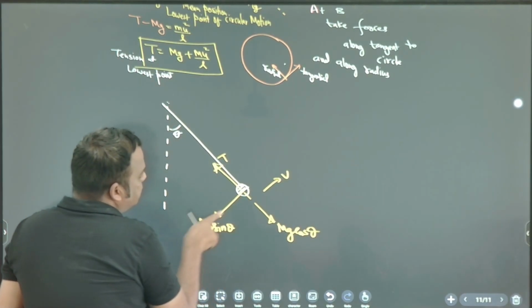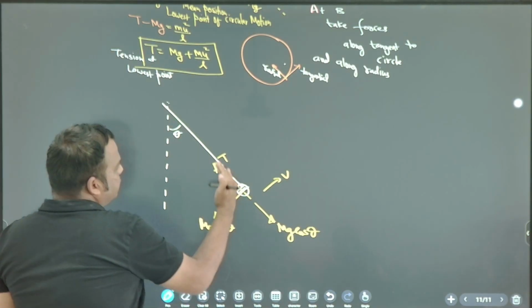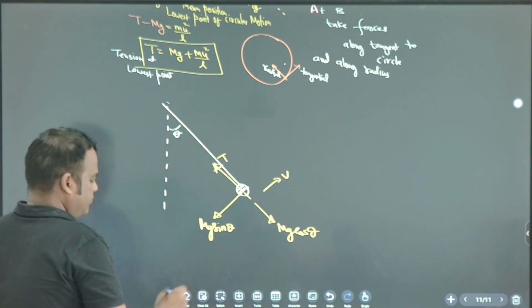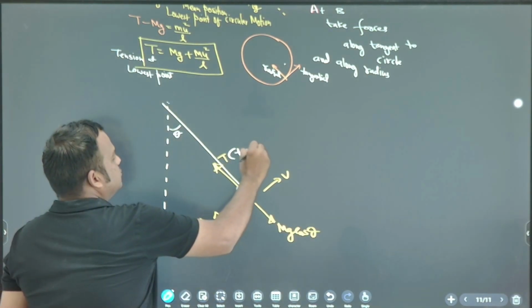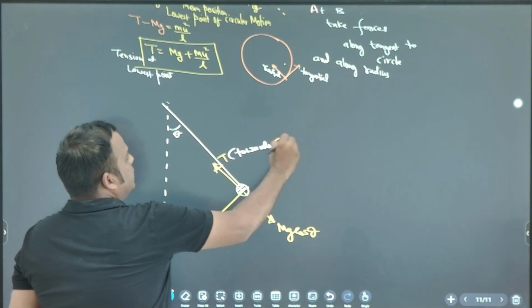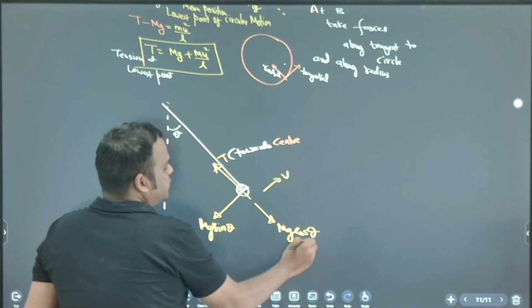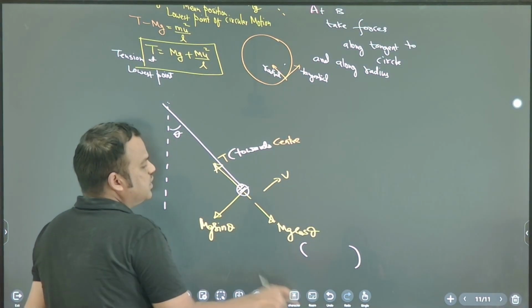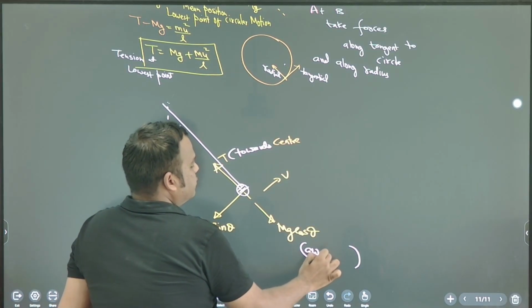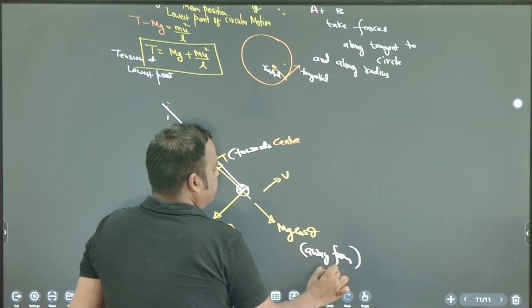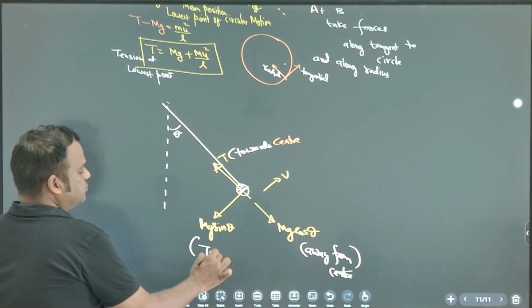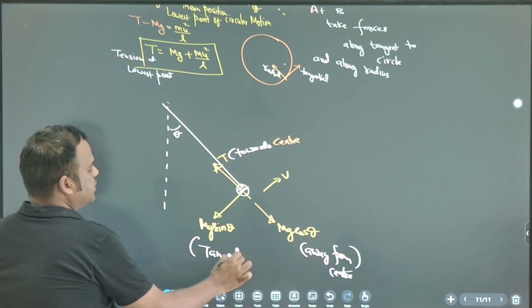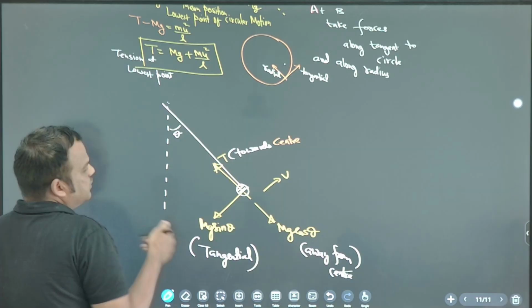So these are the three forces now. What is the direction of tension? Towards the center. What is the direction of mg cos theta? Away from the center. And what is the direction of mg sin theta? Mg sin theta is tangential.